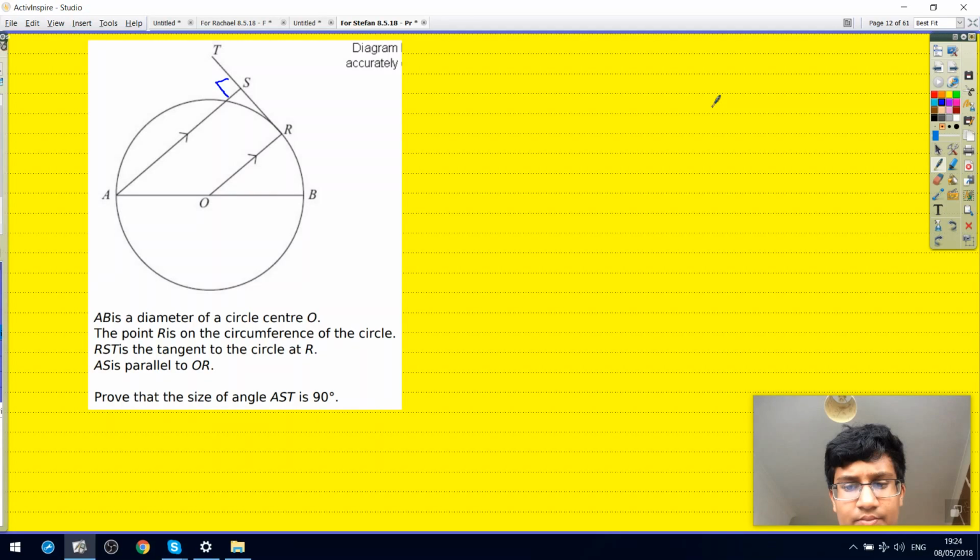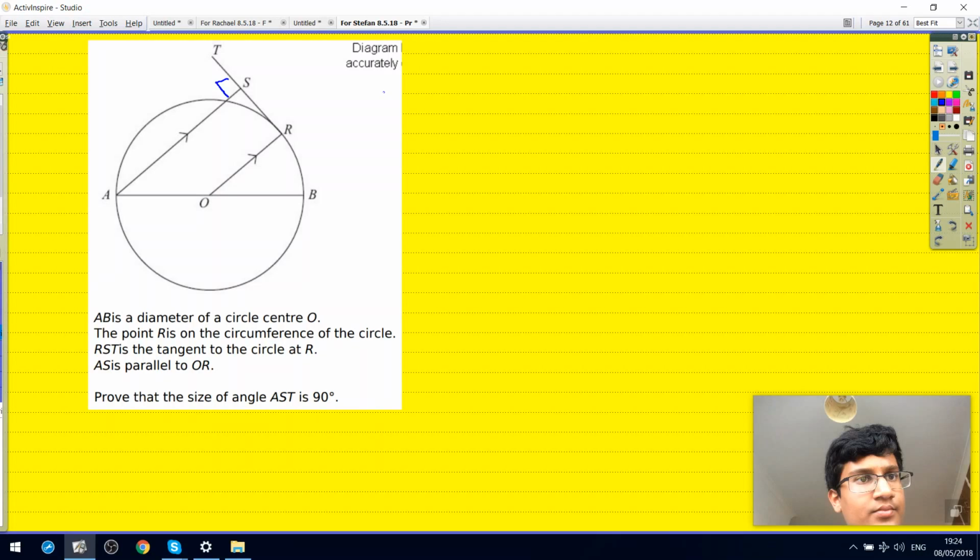What would be the size of the angle ORT? That would be 90 degrees because it's a tangent. Okay, that's fine. So ORT equals 90 degrees.